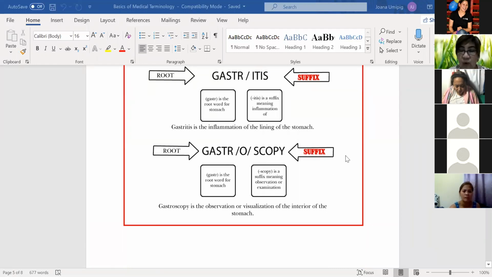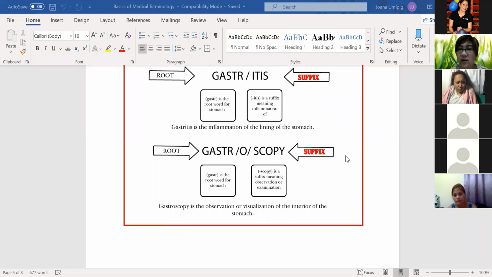Yung gastro, when we are combining with the bowel, so yung ating root is gastro, gast. So we put additional of the bowel in the middle plus the suffix of examination. It means to say escopy. So gastroscopy. So anything na meron tayong observation, visualization, ginagamitan natin ng laparoscope, means to say laparoscopic gastroscopy.